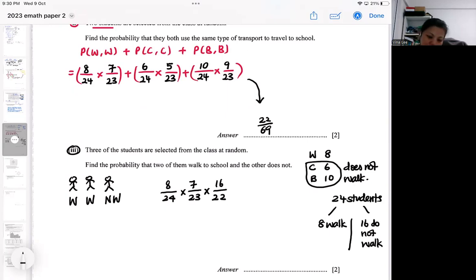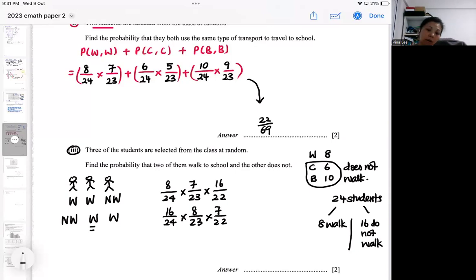What about the first person who doesn't walk, but the last 2 persons walk? It's the same idea. For the person who doesn't walk, there are 16 that you can choose from. Then how many are walking? 8. And after the first walker is chosen, you have 7.